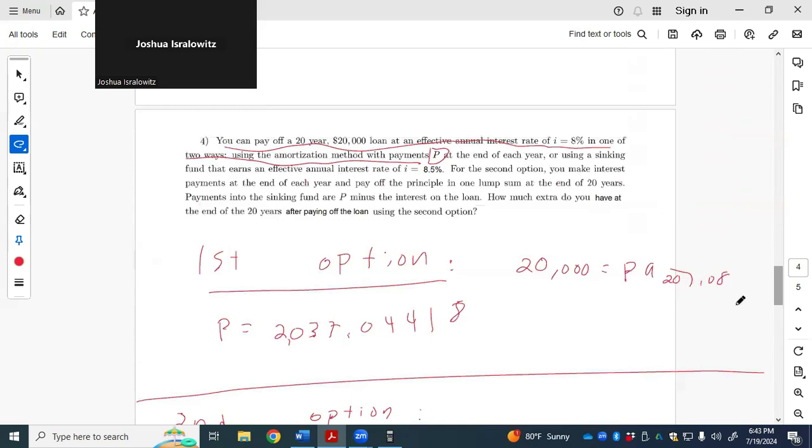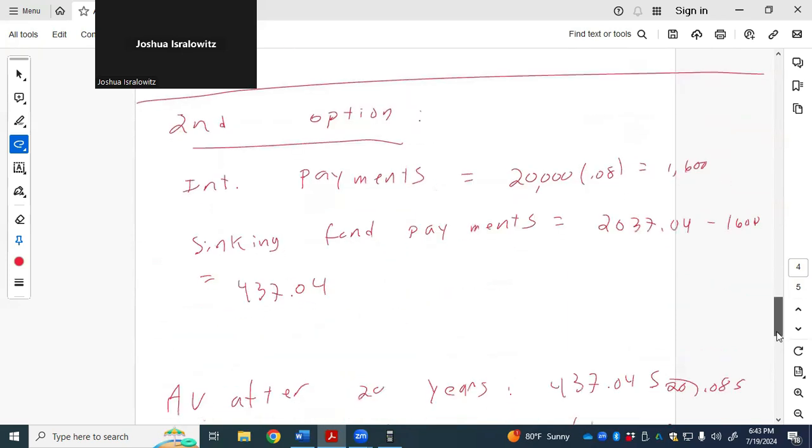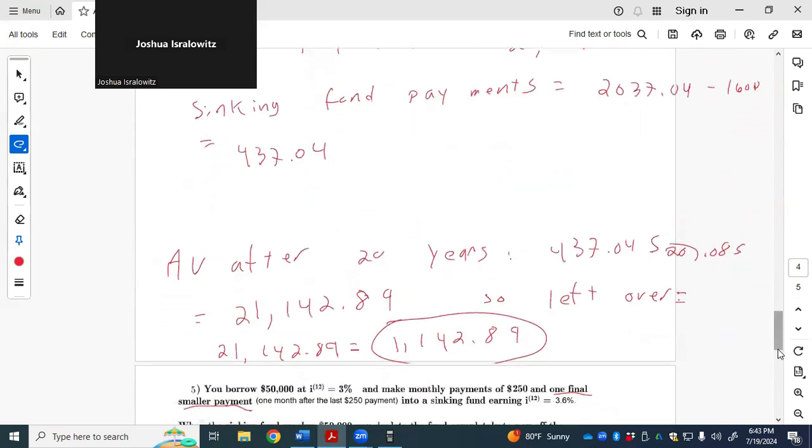But because you were lucky enough to find an investment that earns a little bit more than the loan interest rate, the sinking fund method is nice because you're left over with $1,100 roughly. You can spend that on something nice. I don't know, whatever you want to spend $1,100 on.